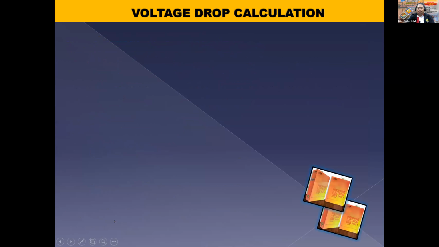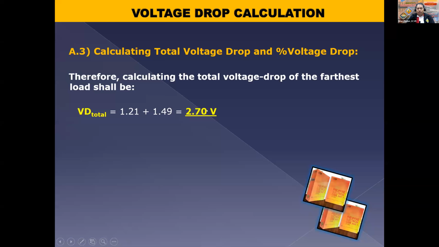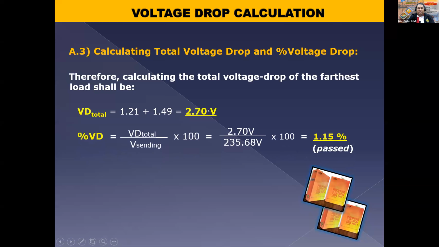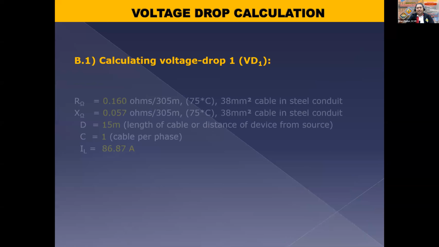So, add natin yung dalawang voltage drop. Total voltage drop natin is 2.7 volts. So, percent voltage drop is voltage drop total over V sending. So, 2.7 over V sending natin is 235.68 volts times 100. So, a total of 1.15%. So, malayo pa yan sa 5%. So, compliant yan, no?